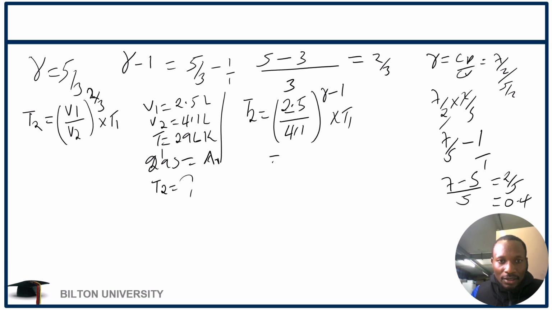That's going to be 2.5 over 4.1 raised to the power 2 over 3 times T1, which is 296.